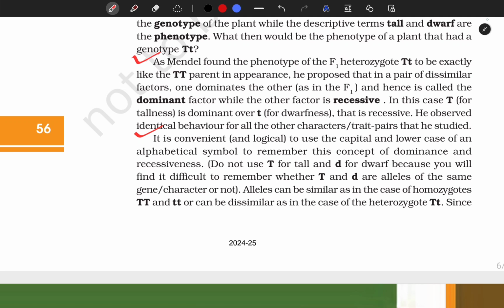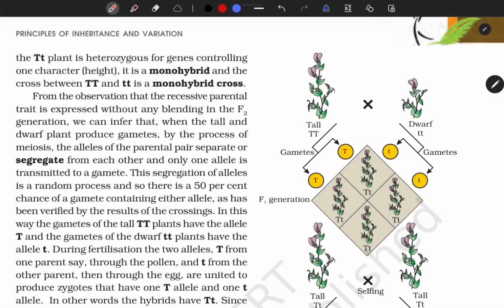Alleles can be similar, as in the case of homozygote capital T capital T, or can be dissimilar, as in the case of heterozygote capital T small t. Since the capital T small t plant is heterozygous for the gene controlling one character, that is height, it is a monohybrid, and the cross between capital T capital T and small t small t is a monohybrid cross.